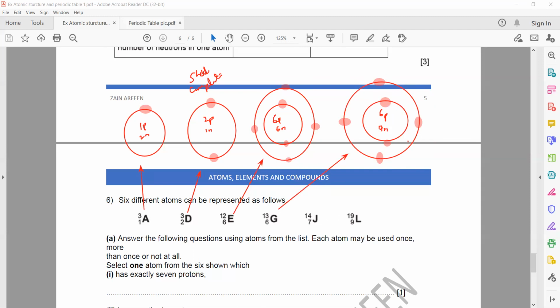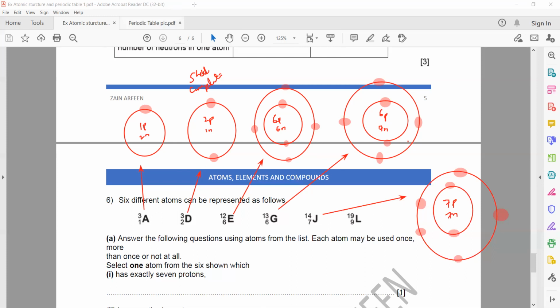What about the structure of J? J is having seven protons and seven neutrons. The first shell will have two electrons, and the second shell, because we have to arrange seven and two are already arranged in the first, the remaining five we will arrange in the second shell. So this is the structure of J.